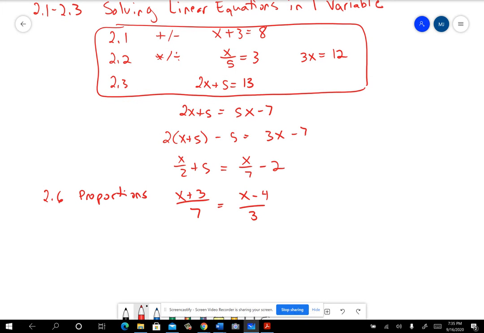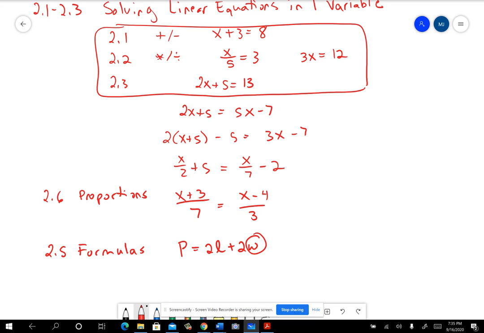If we know how to solve linear equations in one variable, we could also look at 2.5, which deals with formulas. If you had the formula for the perimeter of a rectangle, how could you rearrange that formula and get W on a side by itself?